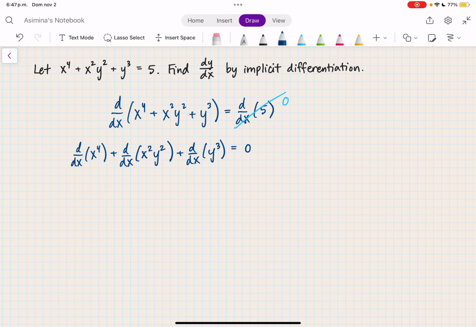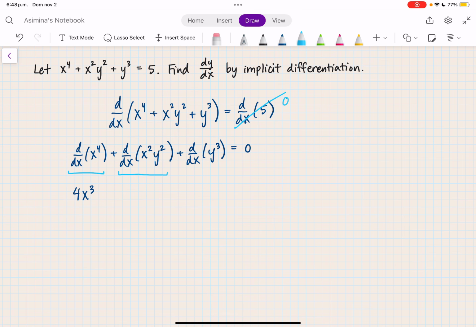Now, if we start with d/dx of x to the fourth, that's easy. That's just going to be the derivative of x to the fourth like we would normally take it, so that's 4x cubed. Now for the next part, the derivative of x squared times y squared, we're going to want to use the product rule.